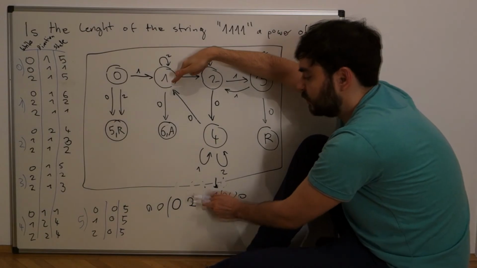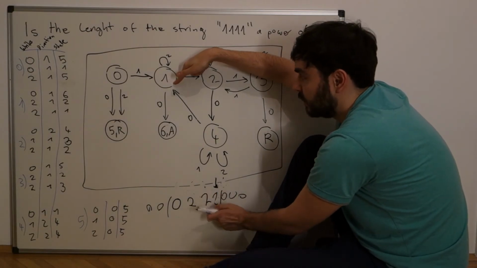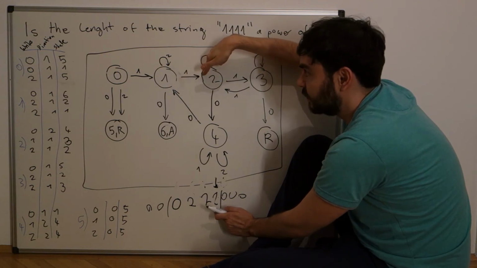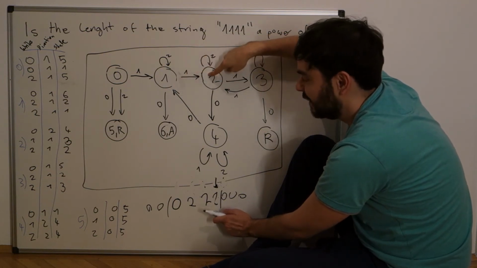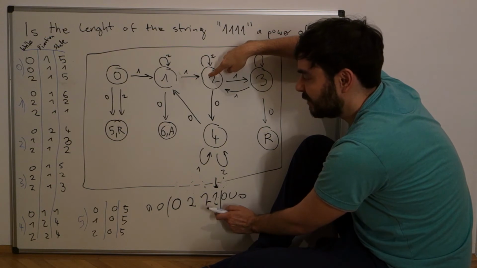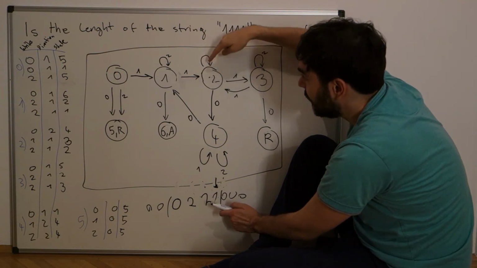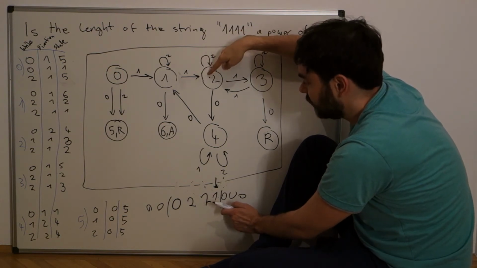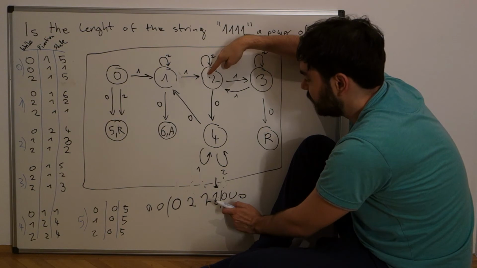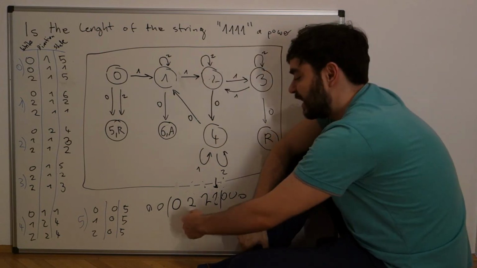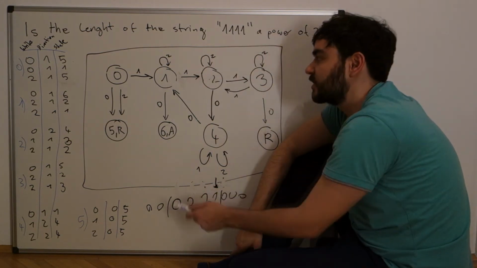Right, at 2, I move to the right, I am in state 2, I see a 2, I move to the right, I write a 2, still here, and I see, okay, I don't want to make the video too long, but you see, it moves left and right, chuck, chuck, chuck, chuck.